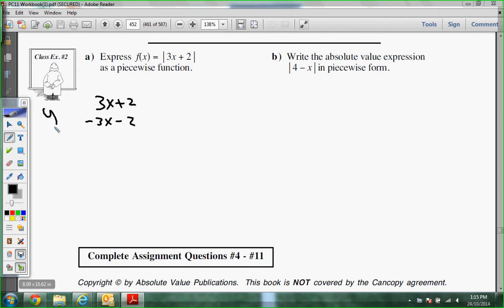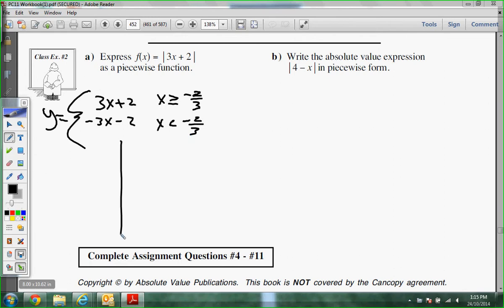So how you're going to write this is, I like to use y equal. The book's always going to have f of x, which is function notation. So it's going to be 3x plus 2 when x is greater than or equal to negative 2/3. Okay, it's going to be the negative line when x is less than negative 2/3.